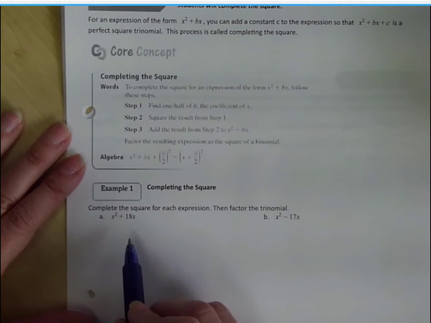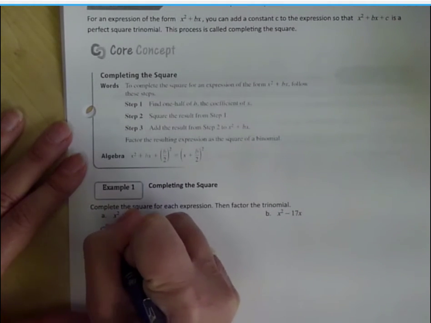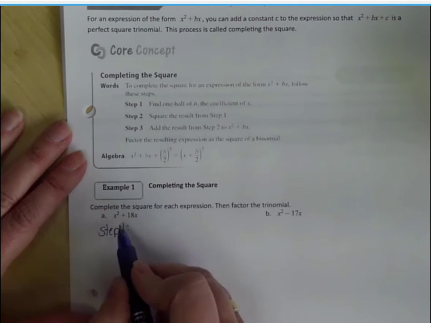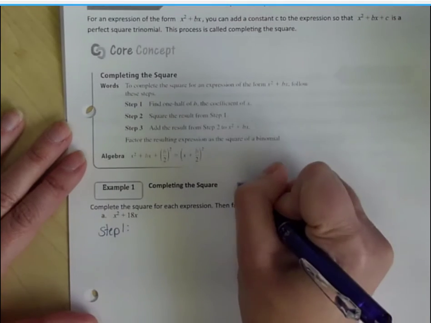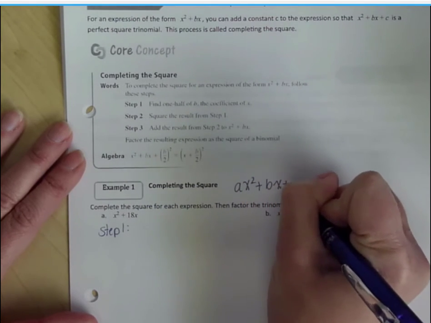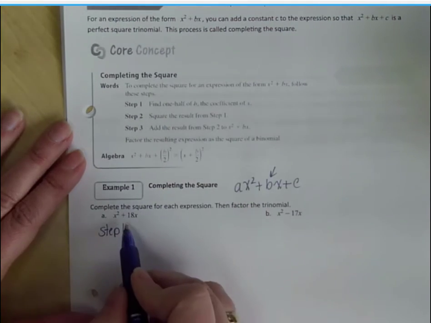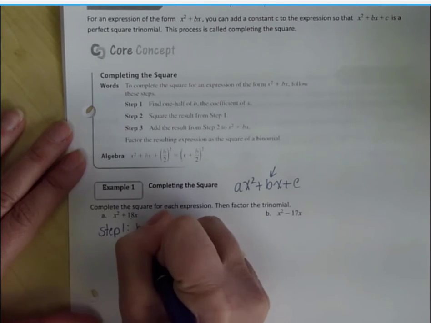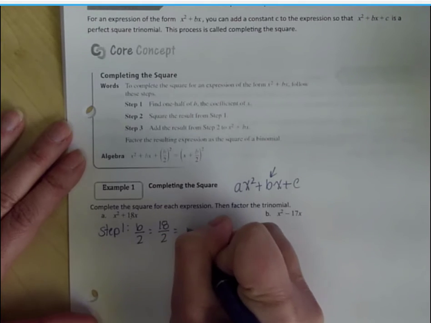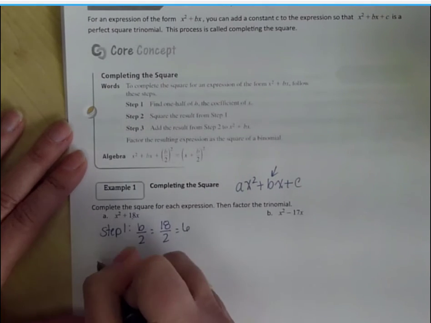x squared plus 18x. Here we have step 1, where we're going to find half of b. Remember, we've got ax squared plus bx plus c, and today we're looking at b. Here that's 18. So I'm going to take half of b, which is half of 18, which is 6.